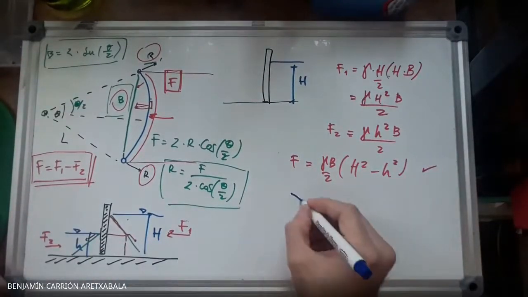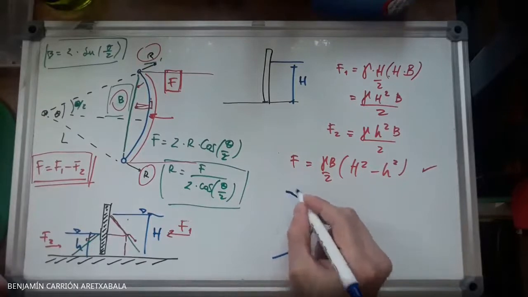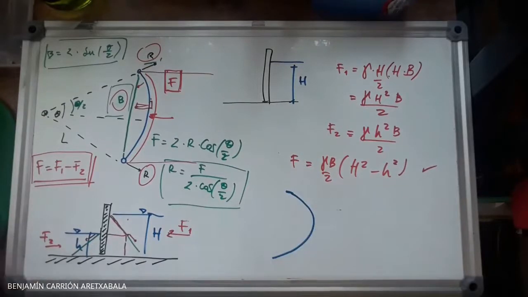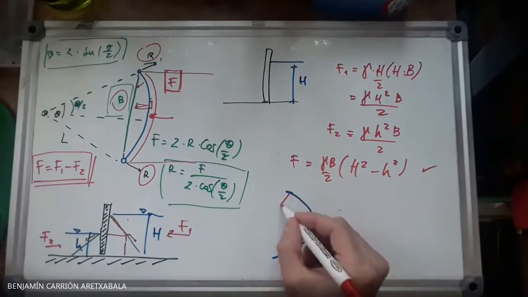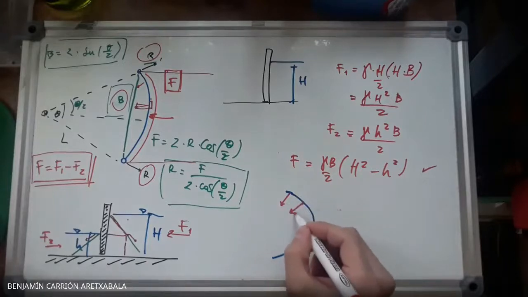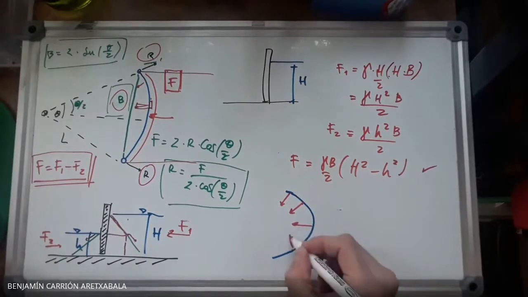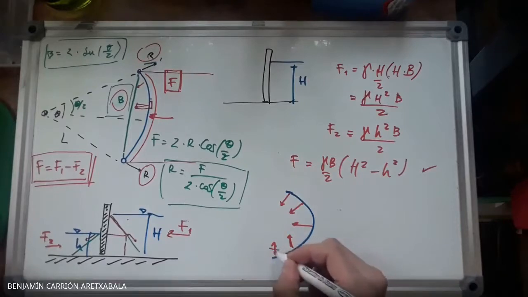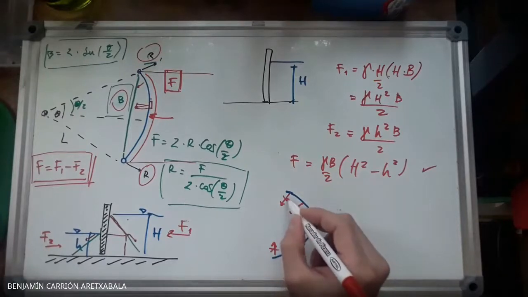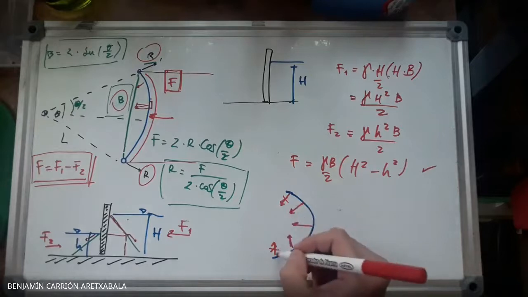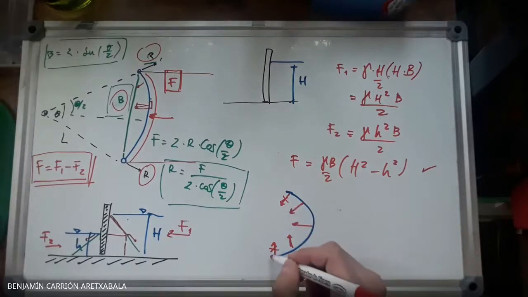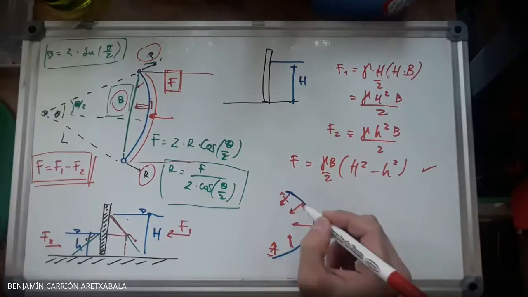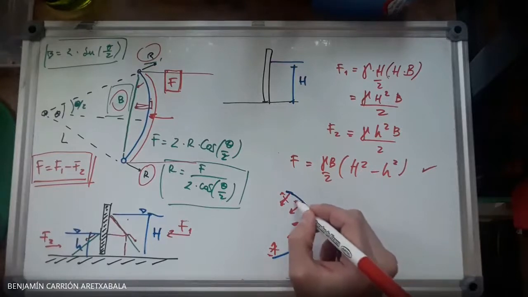So let me exaggerate the shape. If you do this, you're going to have forces acting normal to the gate at every point. So you see, this force is going to cancel this other, but only the vertical component, and they're both going to add a little bit to the lateral component.